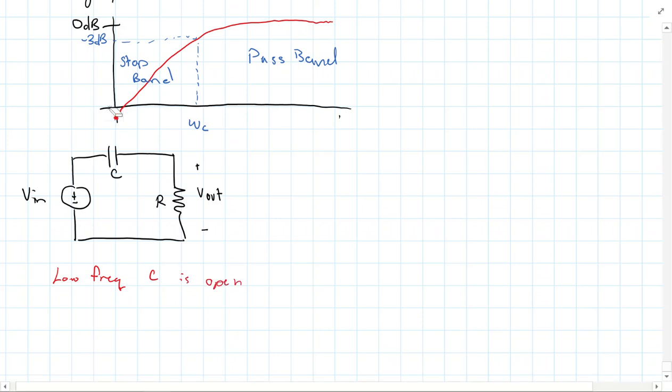So what does that mean? Well, this capacitor is not there. If you're thinking about the current from Vin, there's no current that can get to this resistor because of the open circuit here. And if no current can get to the resistor, then there's no output voltage. So V out would be 0.